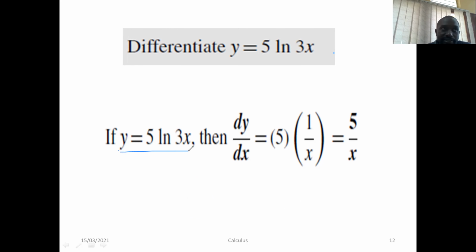In this case, this constant has no bearing on the derivative. So if we take this part of the function, ln x is simply 1 over x. 1 over x multiplied by that 5 here, and this becomes 5 over x as our final answer.